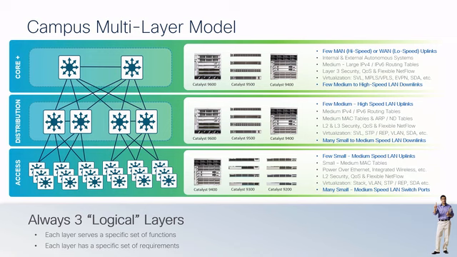But from a design perspective, you always still have this separation of responsibilities. So this is back to what I was saying in the beginning. As long as you remember what a core does, then it doesn't matter if it's a 9300 or 9500.